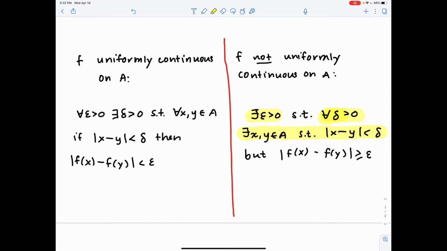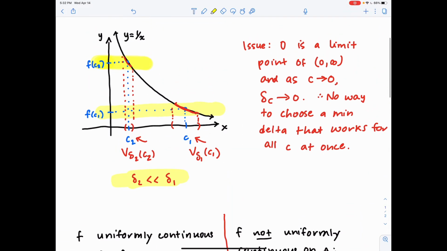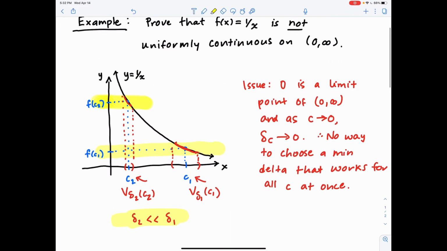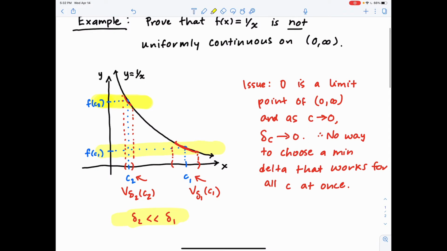There's actually a different way that we can think of this. Going back up to our intuition, the issue is that we've got a limit point of our domain, namely 0, such that as the C values go toward that limit point, delta C's are going to go to 0. So let's think about sequences.